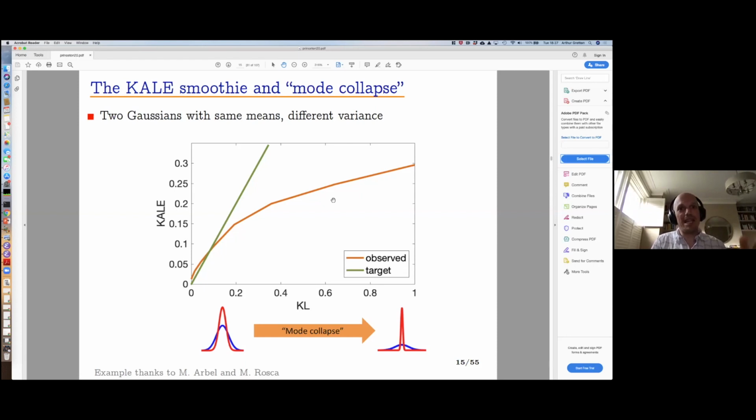The question that this slide addresses, though, is as Q departs from P, do I punish it sufficiently? Now, if the departure of Q from P has a log ratio that is incredibly non-smooth, then because I've enforced smoothness on my estimate of that log ratio, I will not penalize that as much as I should. Right, but it will be non-zero still, right? It will be non-zero. So in a sense it is penalizing it, but it's punishing extreme mode collapse less than it ought to be doing.